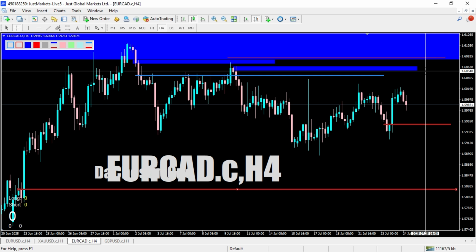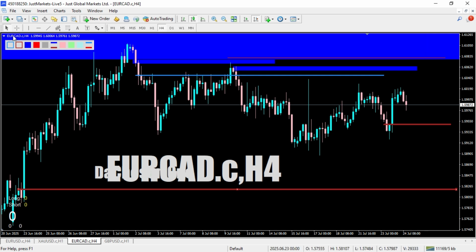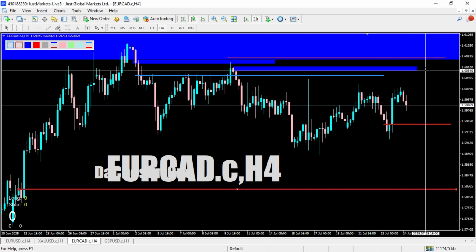From that area, that's a 26 pip stop loss.